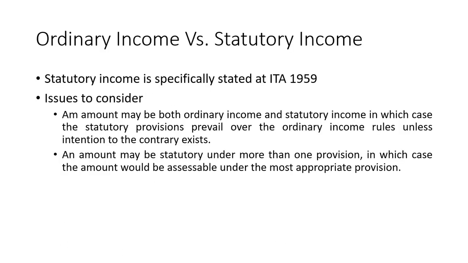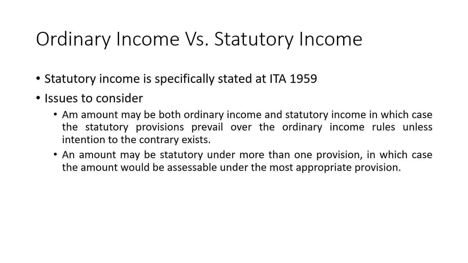So if you compare ordinary income against statutory income, it is specifically stated in ITA 1959. So issues that we need to consider: an amount may be both ordinary income and statutory income, in which case the statutory provisions prevail over the ordinary income unless an intention to the contrary exists.